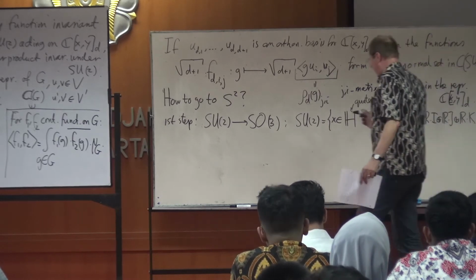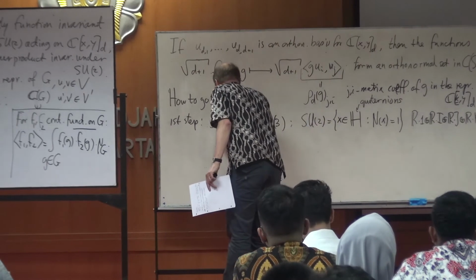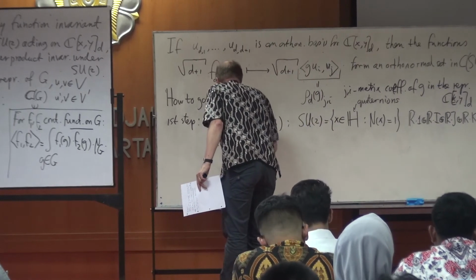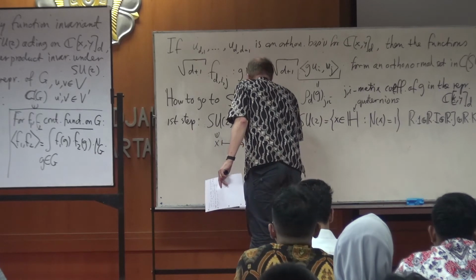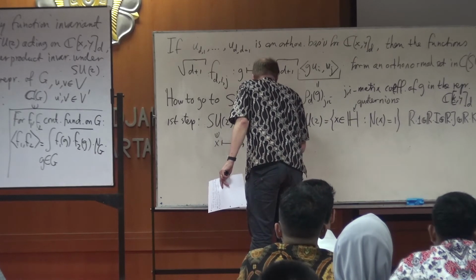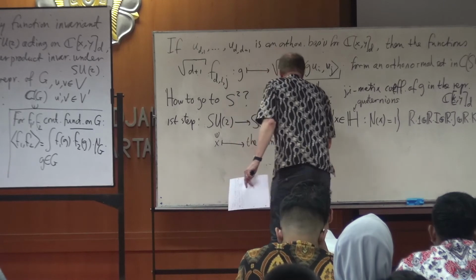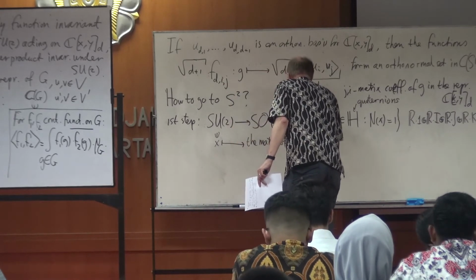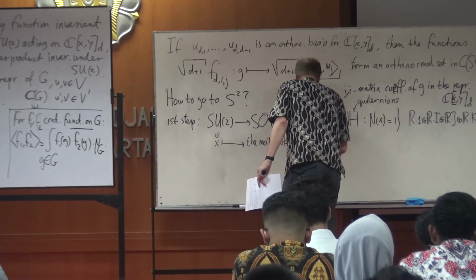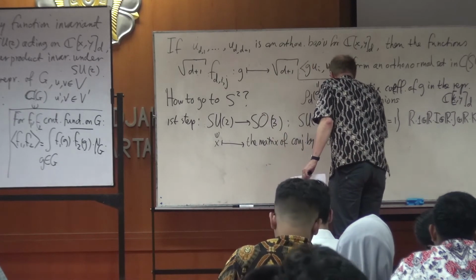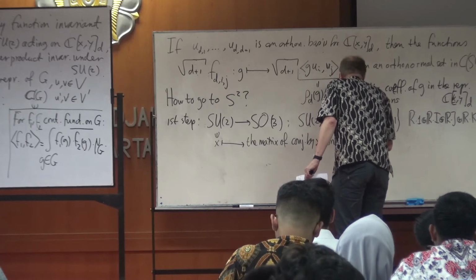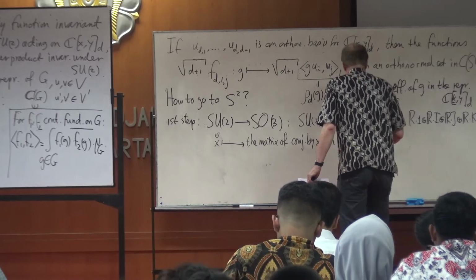You send an X here, goes to the matrix of conjugation by X. So on the space V, and this space is R times, it is the imaginary quaternions.